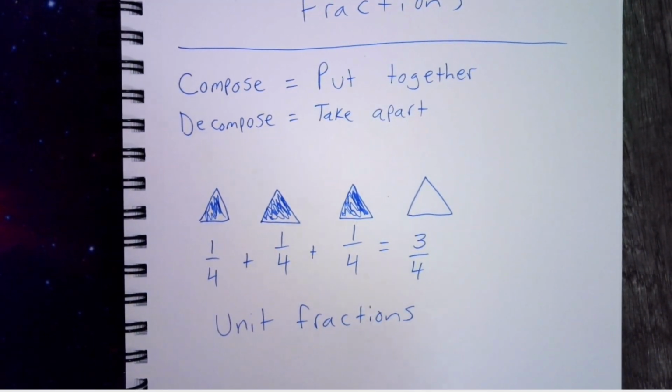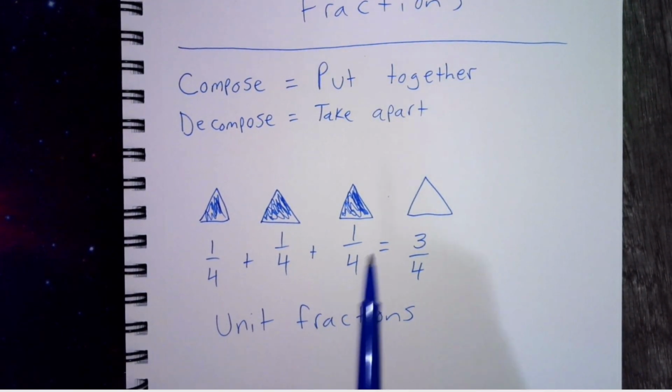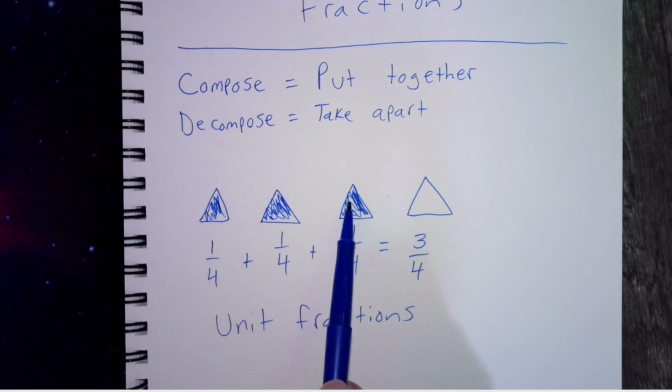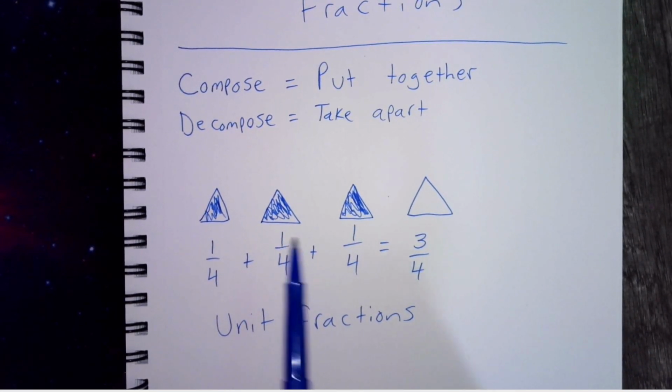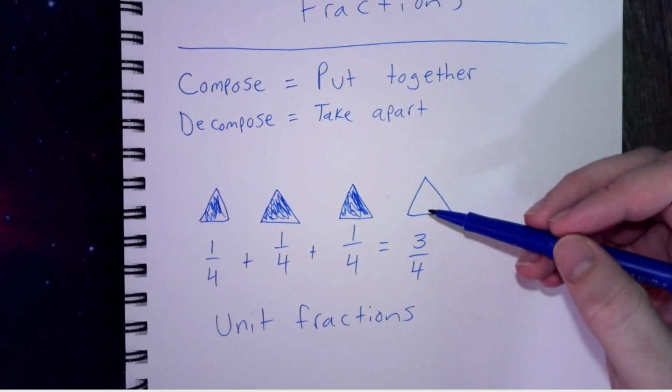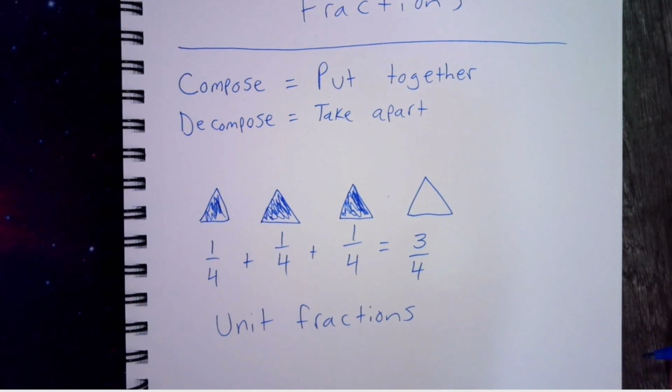So unit fractions are when we break each piece of the whole down into individual units. So 1/4, 1/4, 1/4. That gave us 3/4. If we had all the fourths, we would have one whole.